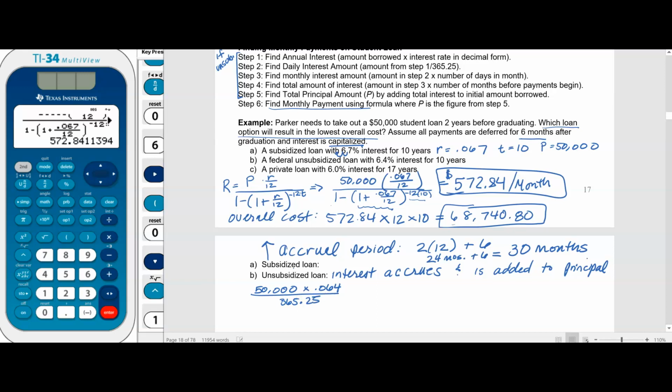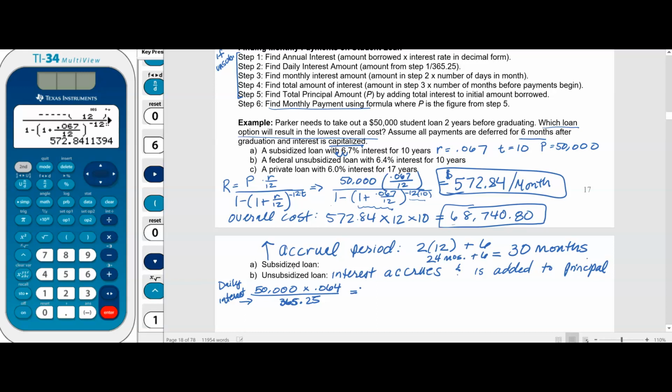There's actually 365.25 days in a year. So when we're calculating interest, the banks want to get all the money they can. So that's why that 0.25 there. So really here, we're finding the daily interest. And this is the formula that's in the first box on the first page.